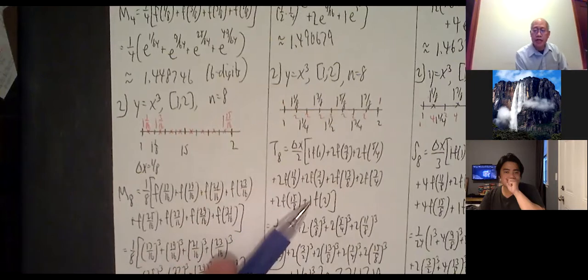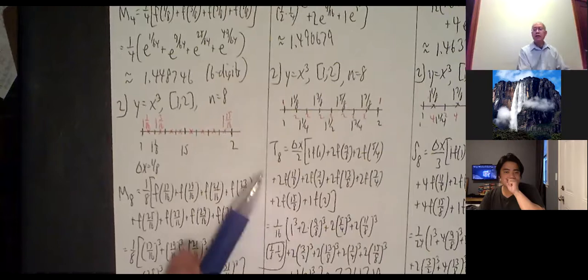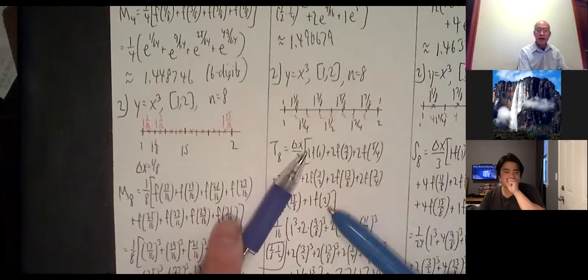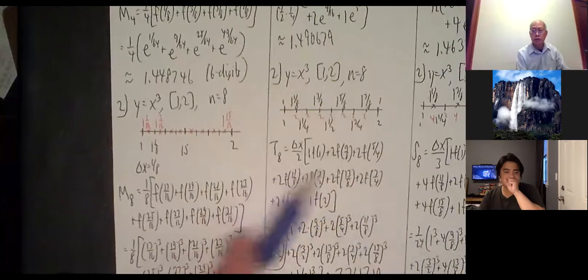And now that I reach the last one, 1 times f of 2. Okay, so again, trapezoidal rule, delta x over 2, 1 at the beginning, 1 at the end, and all the middle ones get 2.